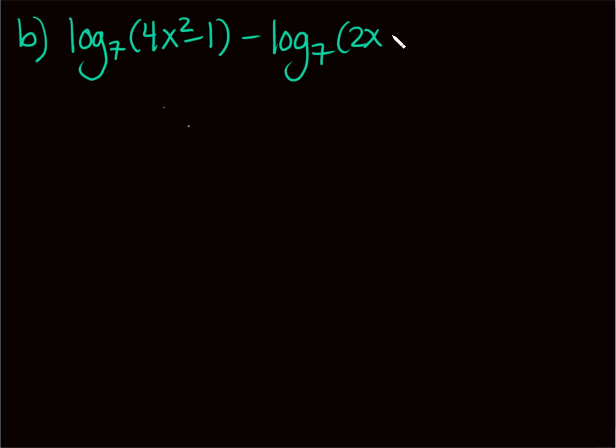Let's do part B. Let's do another one. Let's do one that's just fun to do because we're mathematicians. Log base 7, let's say, of 4x squared minus 1 minus log base 7 of 2x plus 1.